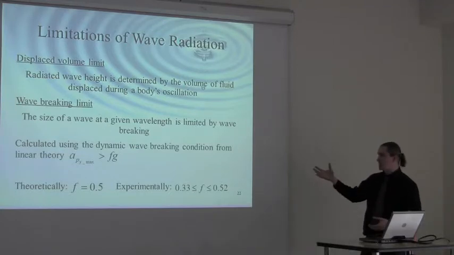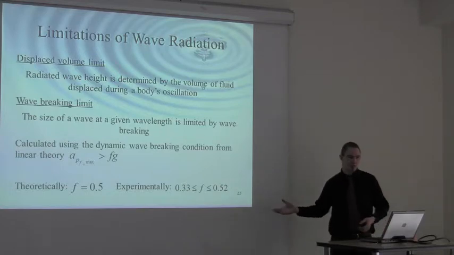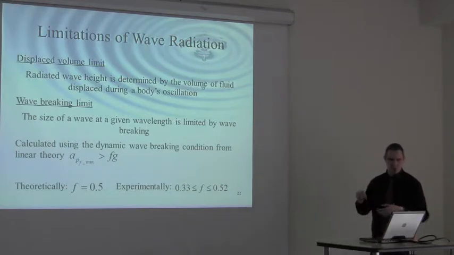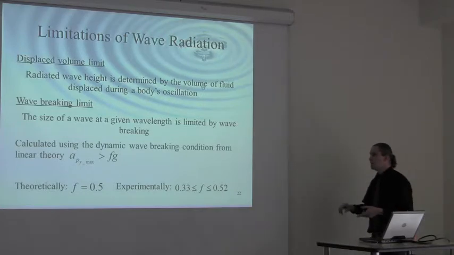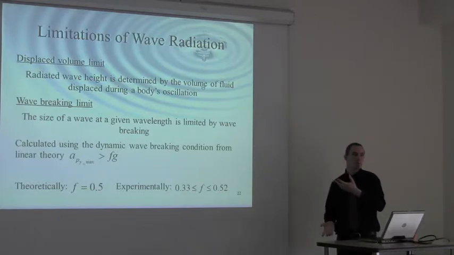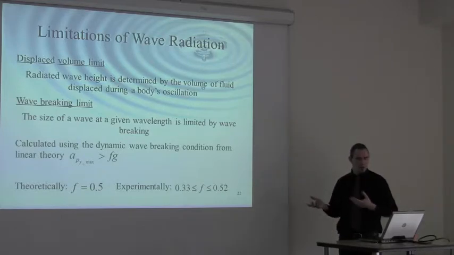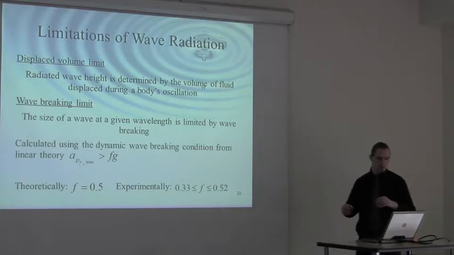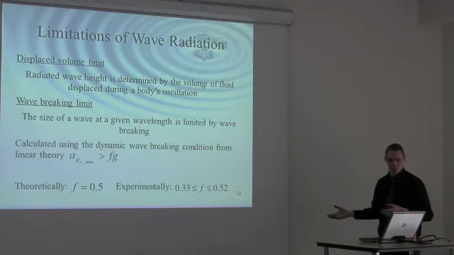And I went back to the linear wave theory and looked for a wave breaking criterion. Basically they fall into 3 categories: geometric, kinematic and dynamic. The geometric condition is based on the wavelength to wave amplitude ratio, which is not that useful for us because the wavelength does change a little bit with the Bessel functions, and so does the wave amplitude as you go further out.